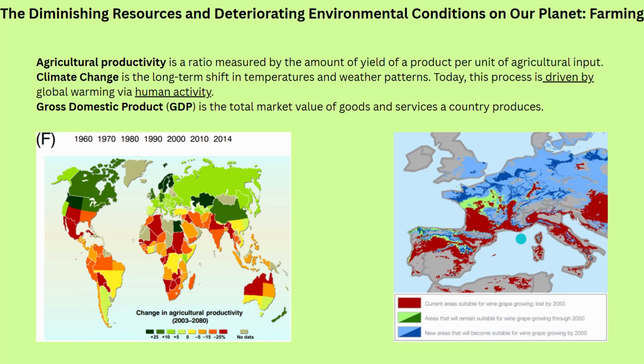This will directly affect the total market value of goods and services of a country, also known as the gross domestic product, or the GDP of a country. Currently, the wine industry accounts for roughly 1.9% and 1.1% of GDP for Spain and Italy, respectively.